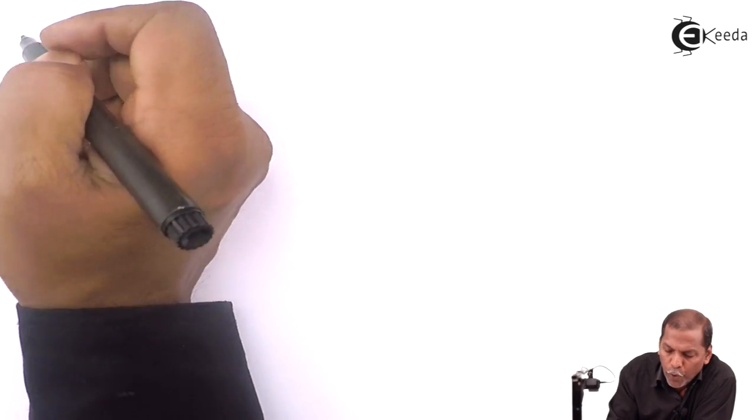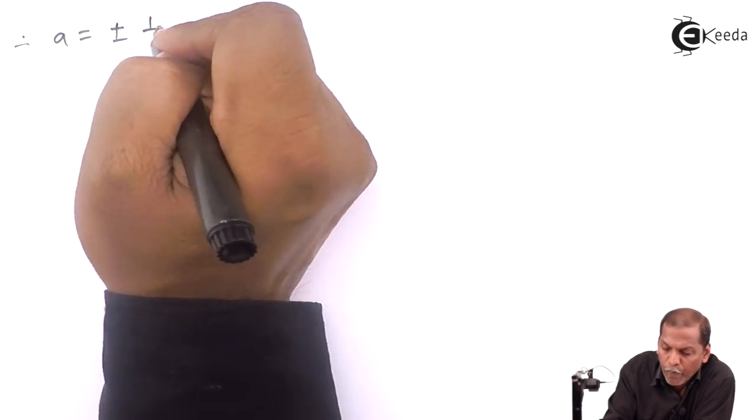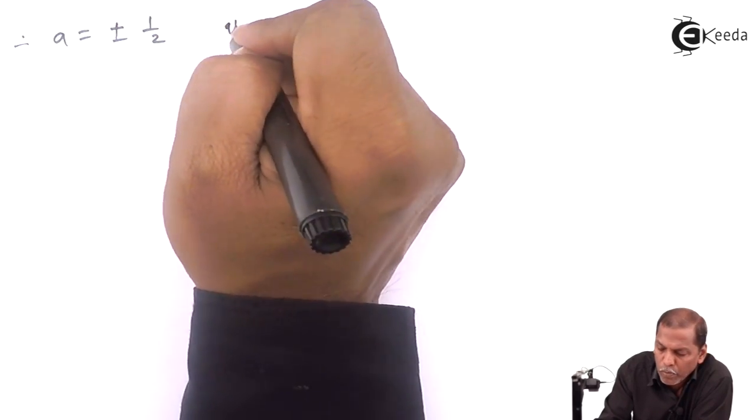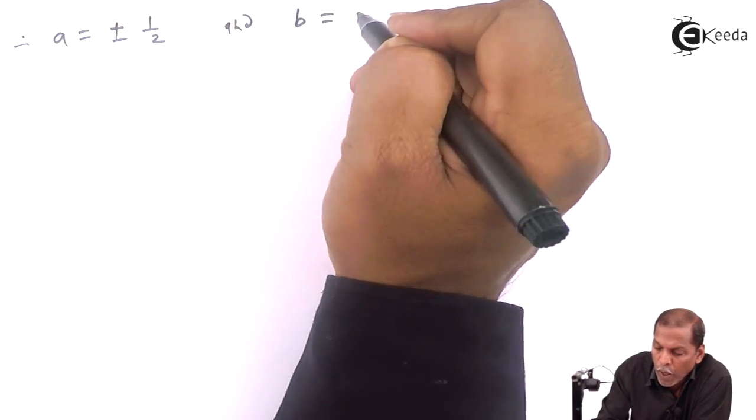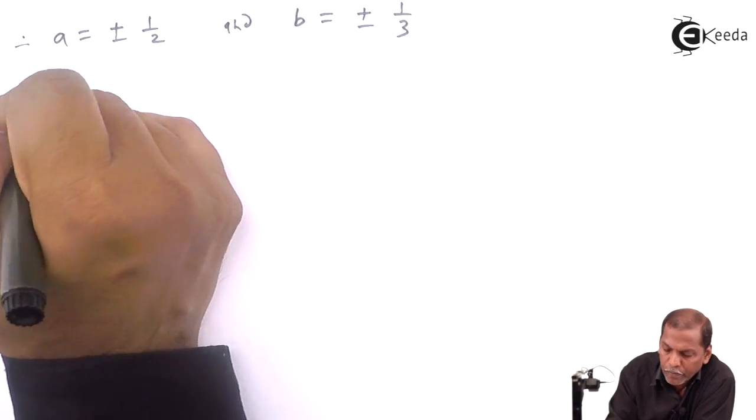Taking square root on both sides, we have a is equal to plus minus 1 by 2 and b equal to plus minus 1 by 3.